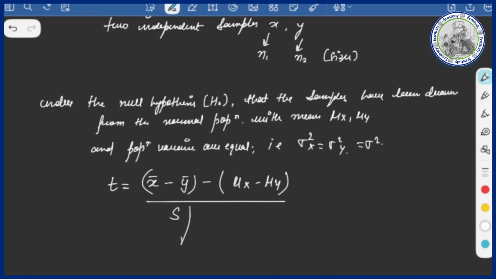So the statistic T will be x bar minus y bar minus (mu x minus mu y), divided by S times root of 1 upon n1 plus 1 upon n2, where S is calculated from the samples. It will follow T with n1 plus n2 minus 2 degrees of freedom.